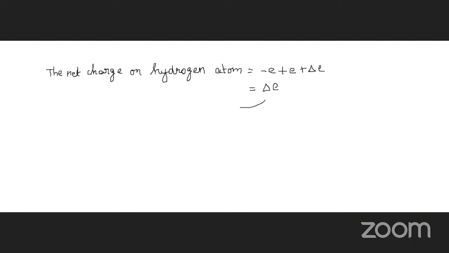So now they have told that the net force, the combination of the electrostatic force and the gravitational force, is 0.